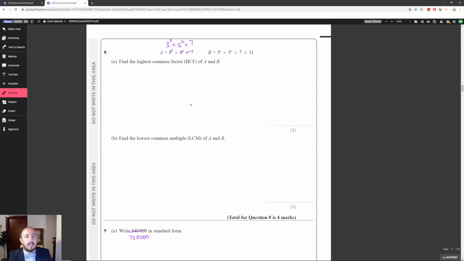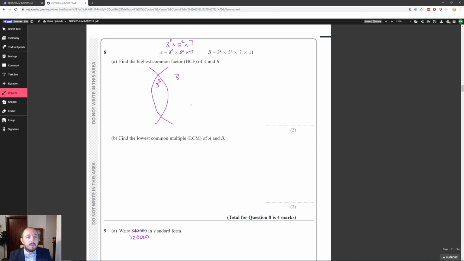Two numbers, A and B. Find the highest common factor of A and B. So if we imagine that the Venn diagram is like this, then we've got 3 cubed and 3 to the 4. So we know that we've got 3 cubed here, and B is going to have another 3.